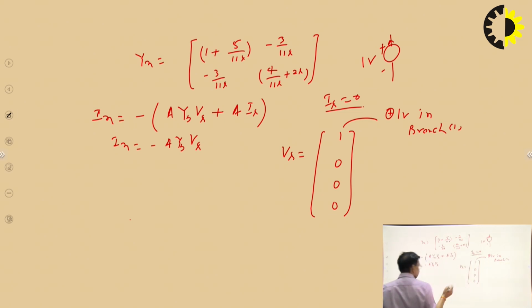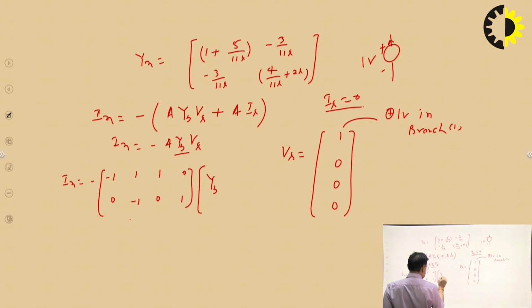So Vs is given, you have YB, you have the calculator, and A you have. So In I am writing straight away. In is equal to minus the A matrix, that is minus 1 0 1, minus 1 1 0 0 1, this is the A matrix.